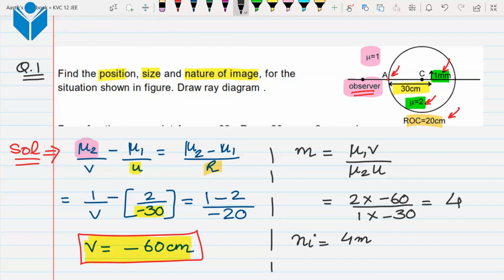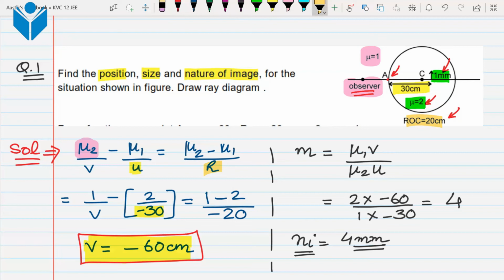Is it a real image or a virtual image, my dear friends? Virtual image, sir.